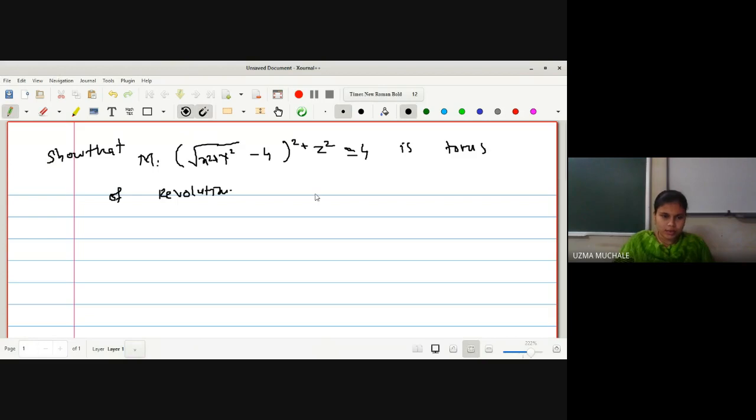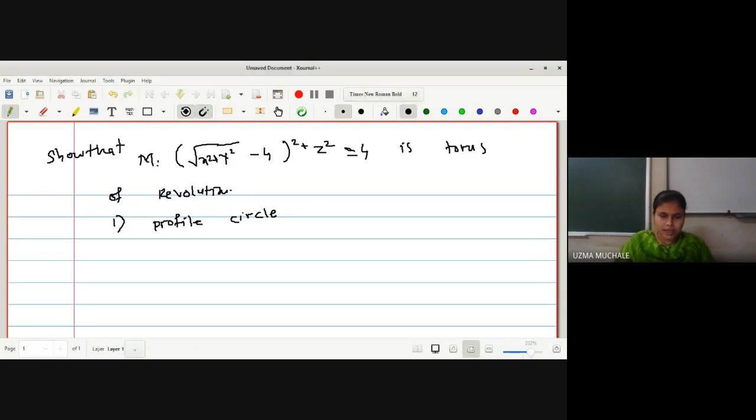Okay, so what we have to do first is find out the profile curve. क्योंकि आपका जो प्रोफाइल कर्व होगा वो आपका सर्कल है, राइट.